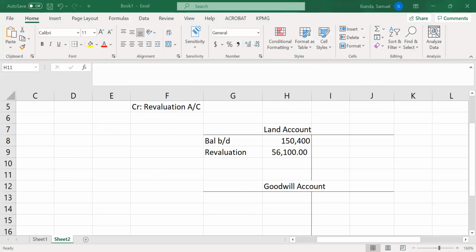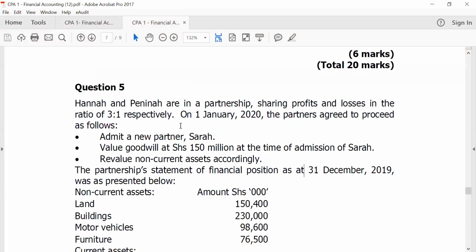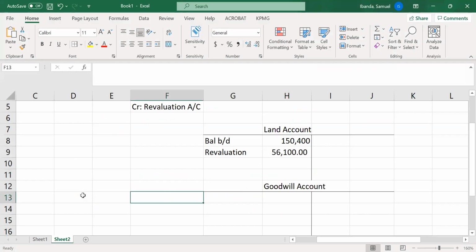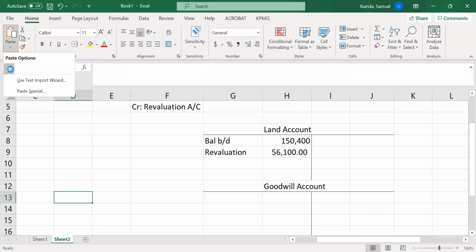One thing that you need to understand is from this information, they have given us that the old sharing ratio is 3:1. So 3:1 means that if we have two partners, we have Anna and Penina.